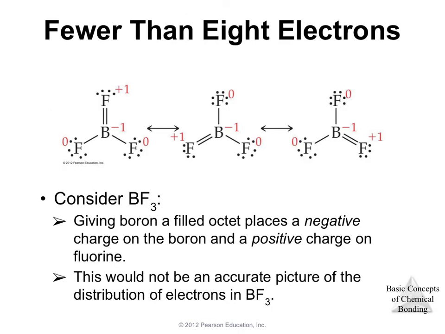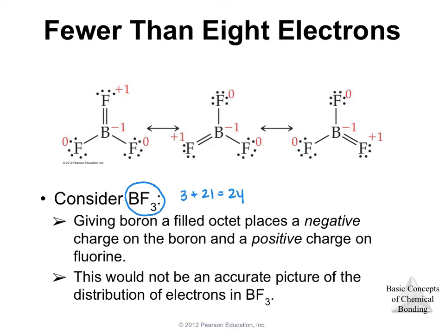Okay, the next thing that we might see is fewer than 8 electrons. So if we looked at BF3, boron has 3, each fluorine has 7 for a total of 21. So that's 24 electrons that we have to work with. With those 24 electrons, we were able to get 3 different structures up above.